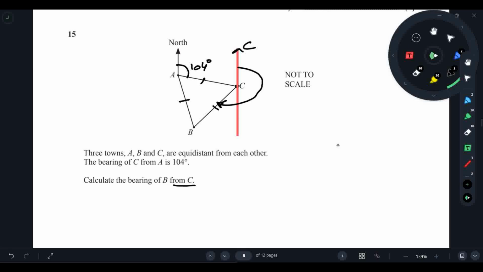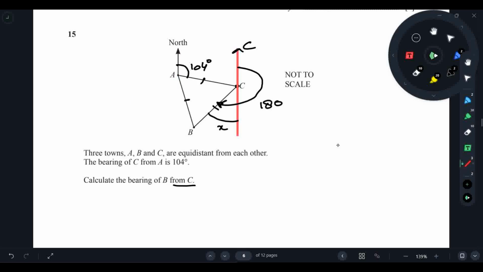B from C means that we need to find this whole angle. Let's say this angle is x, and we know that this complete angle will be 180 degrees. We need to find the value of x first. Now we know that these two lines are parallel lines, because they represent the north. This one is not a straight one, we can remove this one.